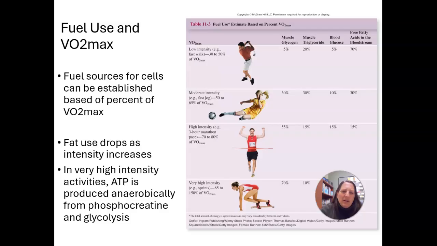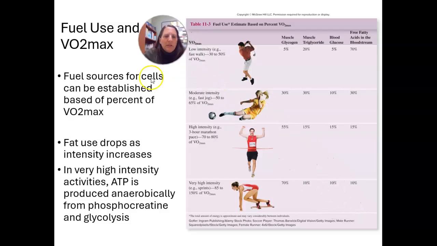Okay, and I just wanted to mention VO2 max along with fuel one more time. So again, fuel sources for cells, we've got muscle glycogen, muscle fat, blood glucose, free fatty acids in the bloodstream. So again, carbohydrates, fats.